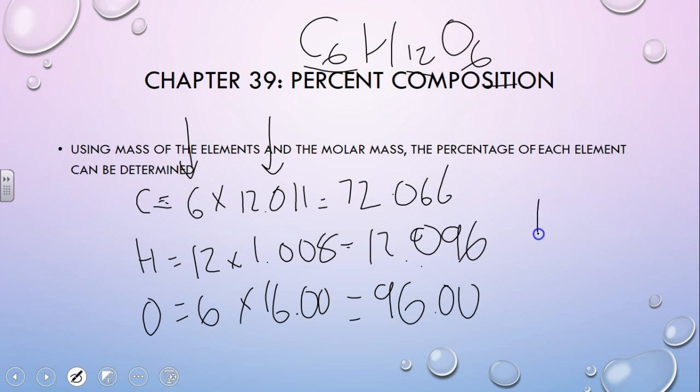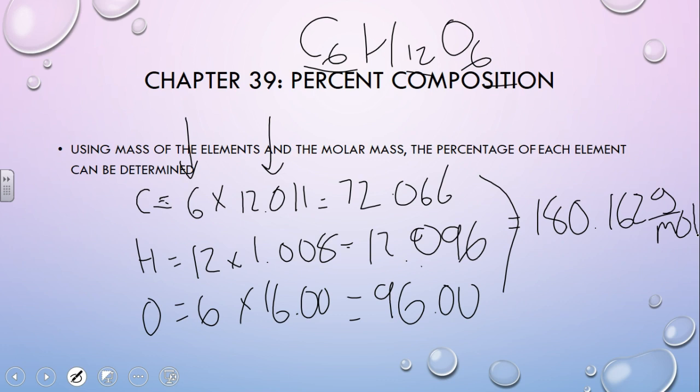When we add all these up, that equals 180.162 grams per mole.